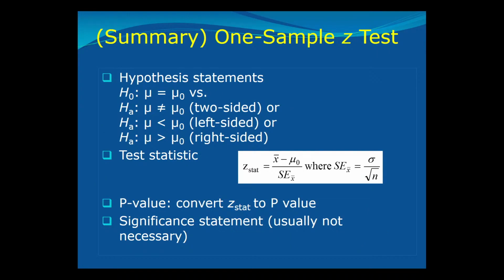So this is an explanation of how to apply a one sample z-test to practical questions, but this is the mathematical way. So the first step is to state hypothesis statements, to state the null and alternative hypothesis. There is only one way to state the null hypothesis.